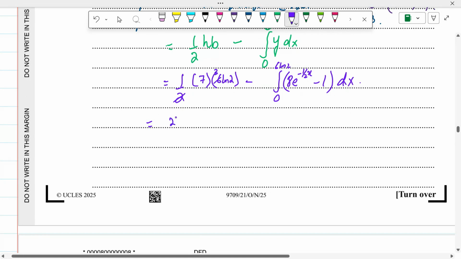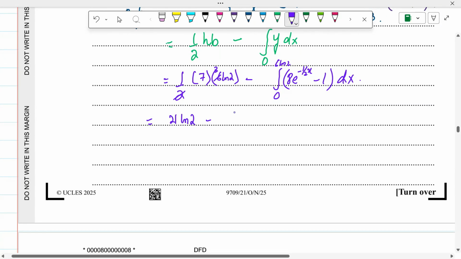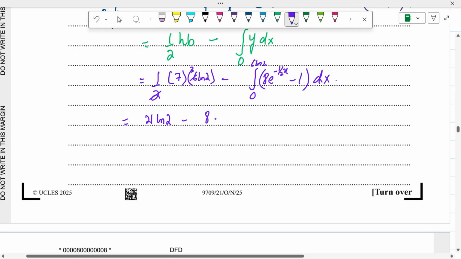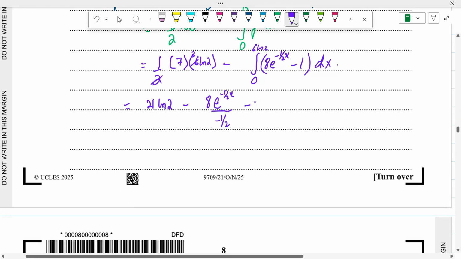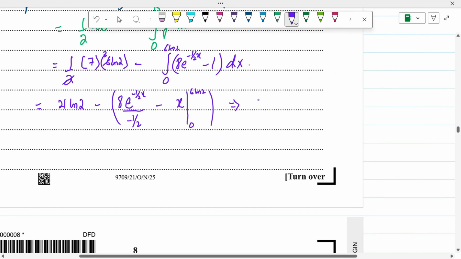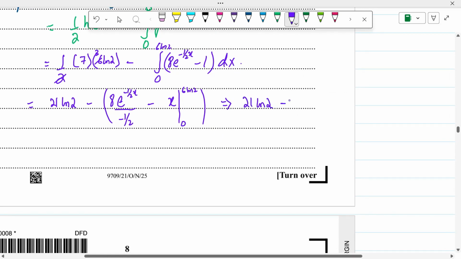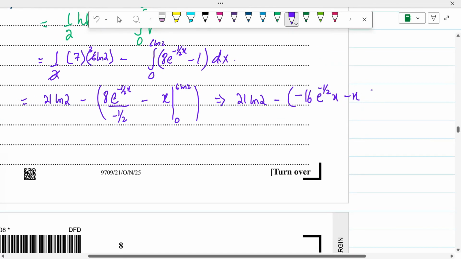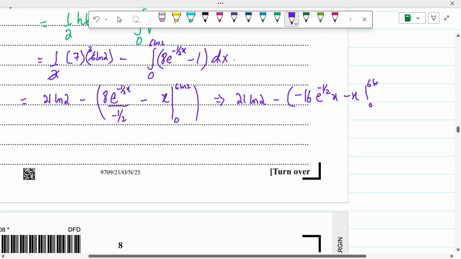So we will have 21 ln 2 minus, now the integral of 8e^(-x/2) is 8e^(-x/2) over negative half, minus the integral of 1, which is x, with limits from 0 to 6 ln 2. Solving, we have 21 ln 2 minus [negative 16e^(-x/2) minus x] from 0 to 6 ln 2.